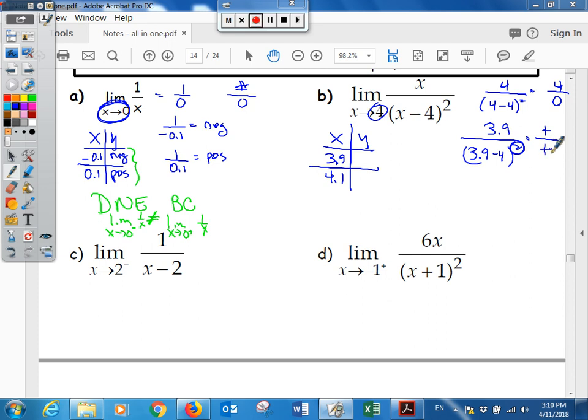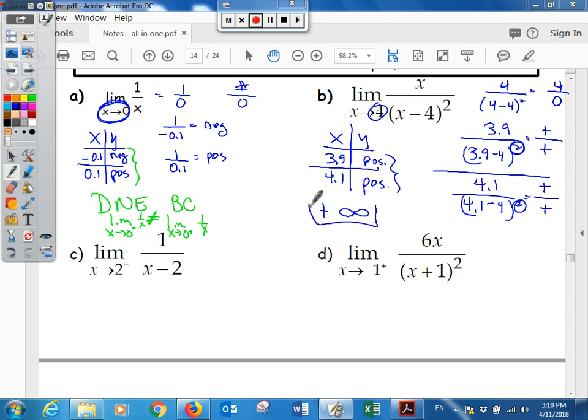So my result, positive divided by positive, is positive. If I plug in a 4.1, the numerator is positive, the denominator is squared, so it's always positive. Positive divided by positive is positive again. Because these are both positive, that tells me that my limit is going to be positive infinity. If they had both been negative, then it would have been negative infinity. But they're both positive, so it's positive infinity.